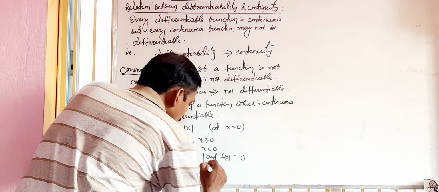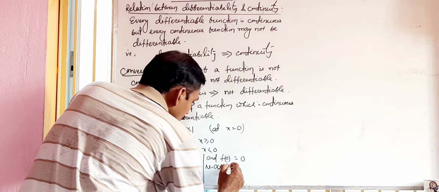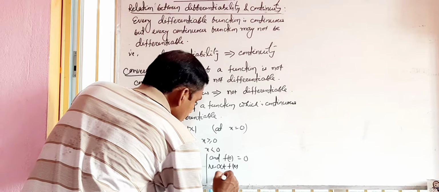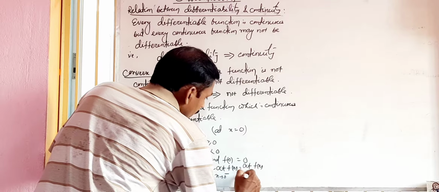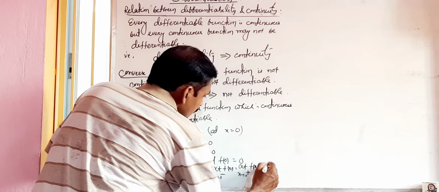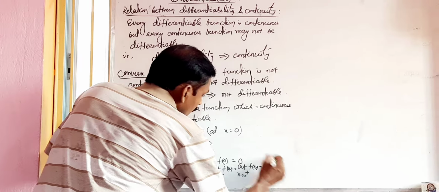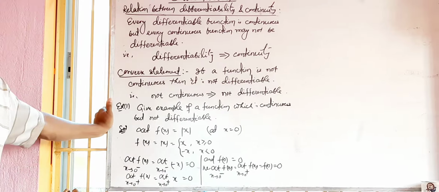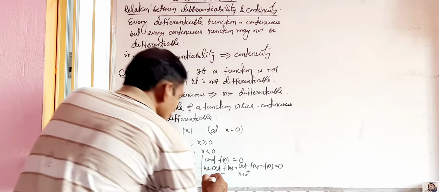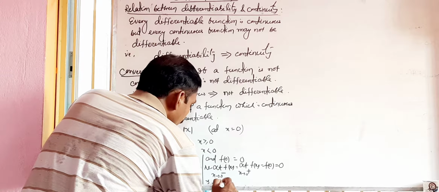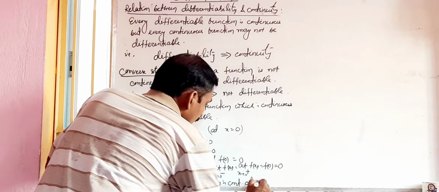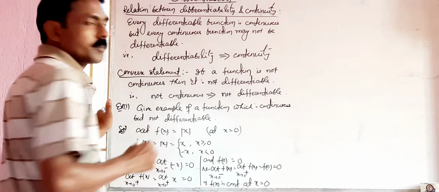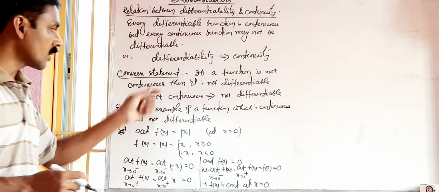So the limit as x tends to 0 minus equals the limit as x tends to 0 plus equals f of 0. All are 0: left hand limit, right hand limit, value. So this implies f of x is continuous at x equal to 0. We have proved it is continuous.